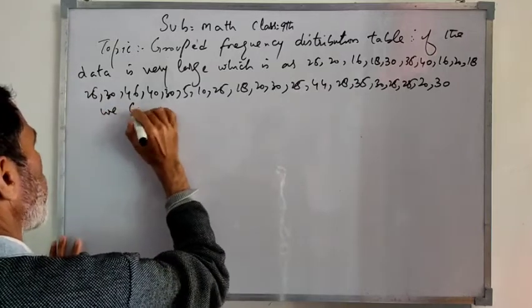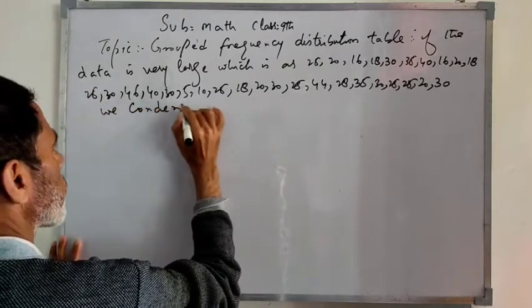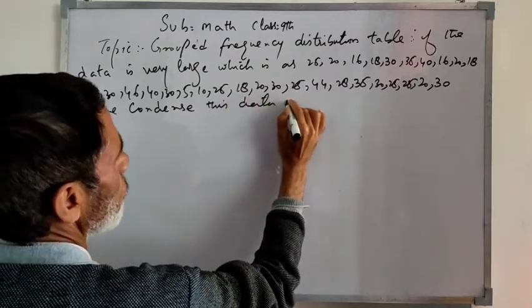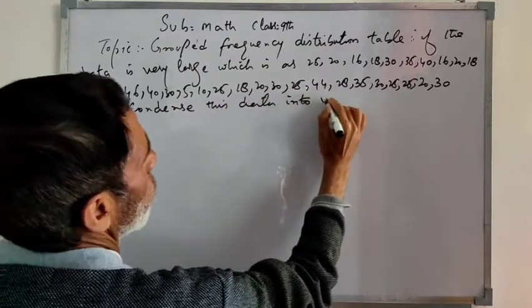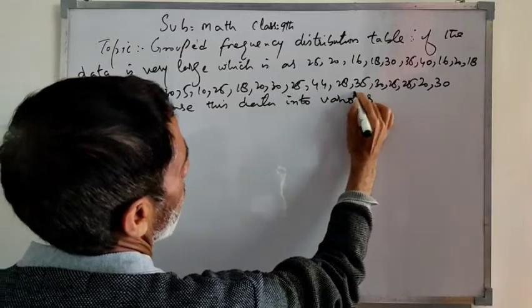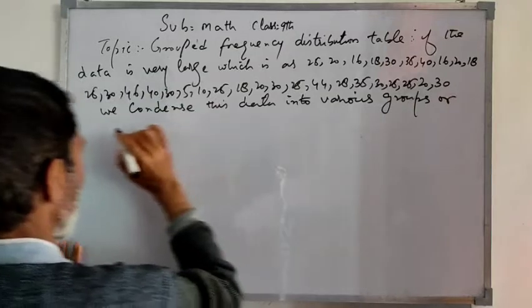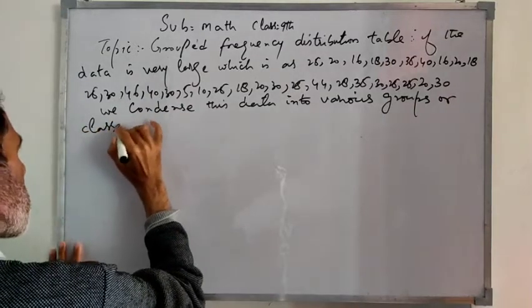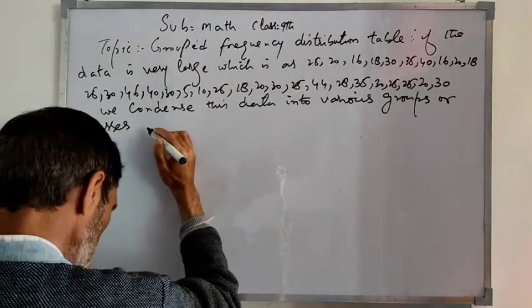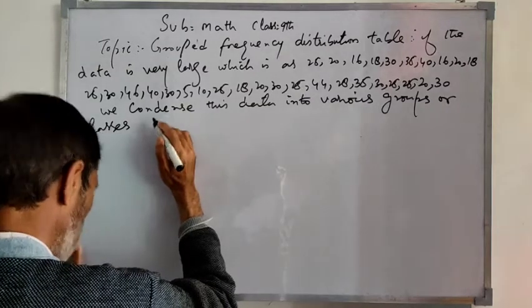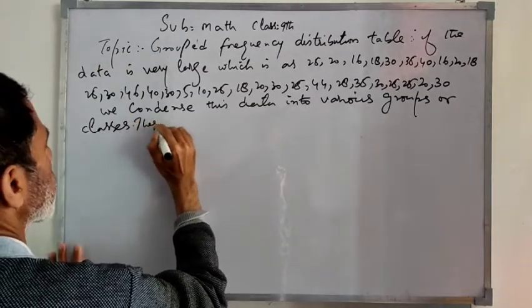We condense this data into various groups or classes. These groups are called classes or class intervals.